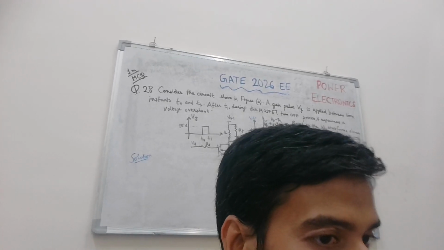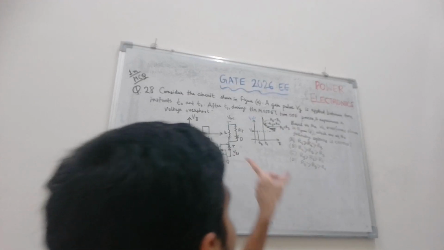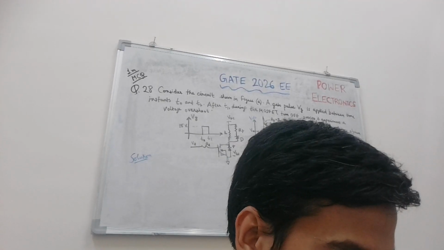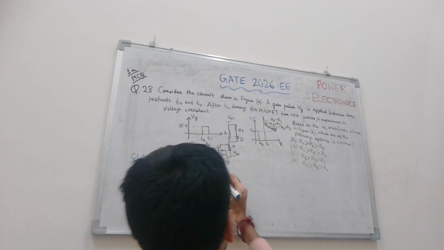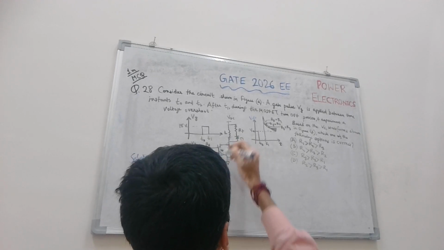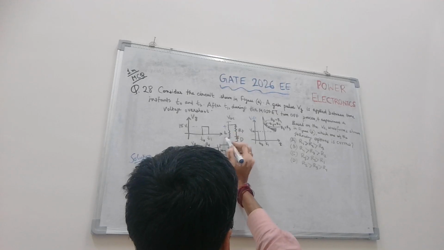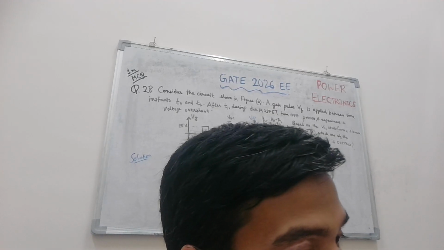The inductor starts charging through this path, and basically the MOSFET behaves as a closed switch, and there is linear charging such that the voltage across this inductor, VL, equals VDC, as the MOSFET behaves as a closed switch.